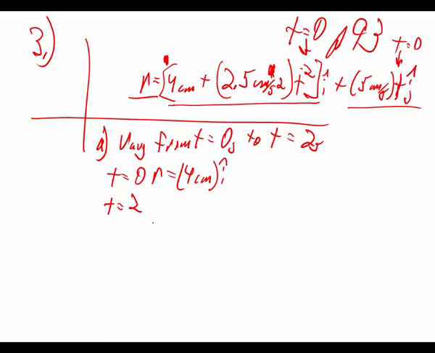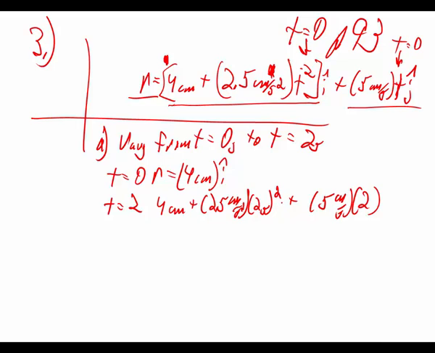Well, plug it in. So we've got 4 centimeters plus 2.5 centimeters per second squared times 2 seconds squared plus 5 centimeters per second times 2. And of course this is I, brackets, that's I.